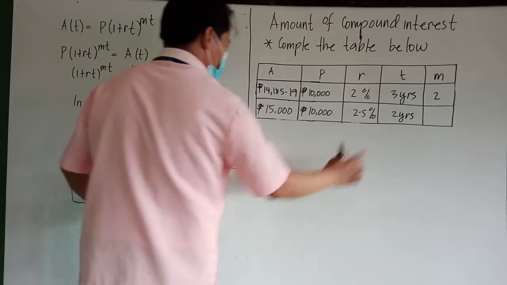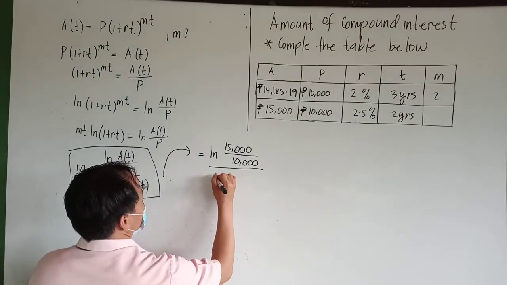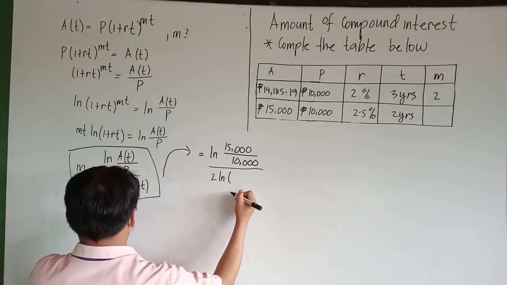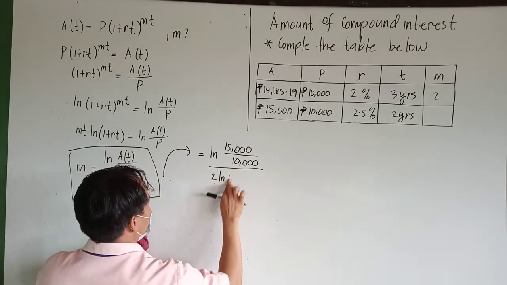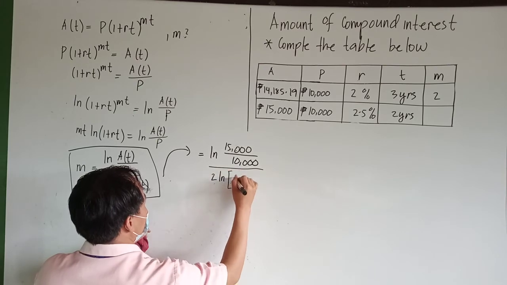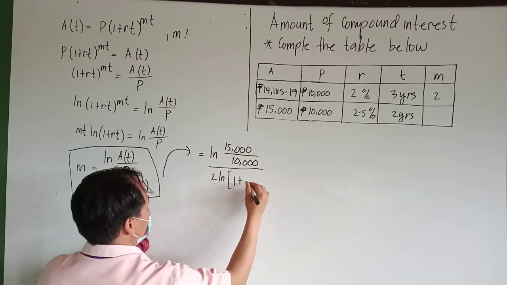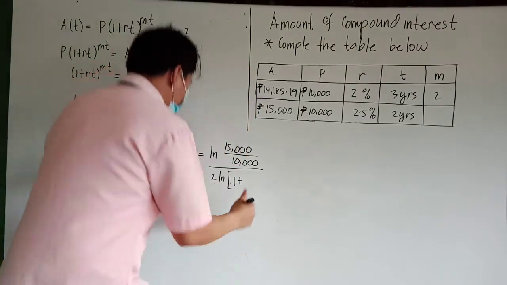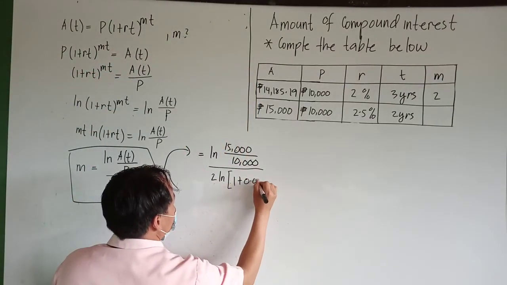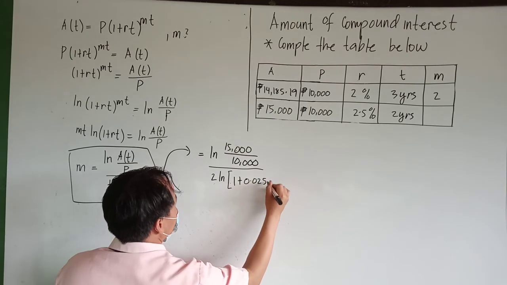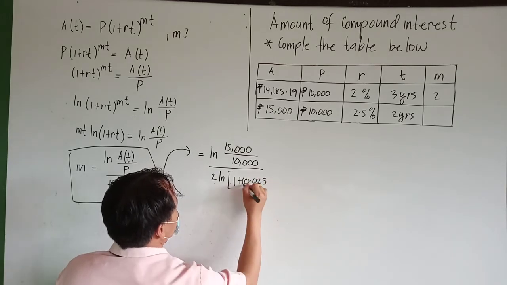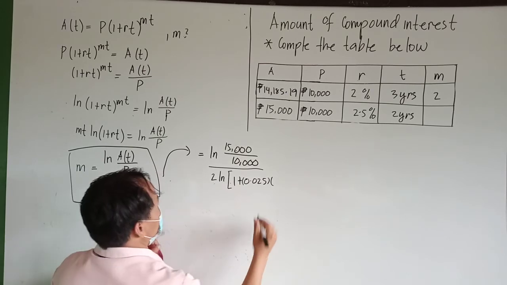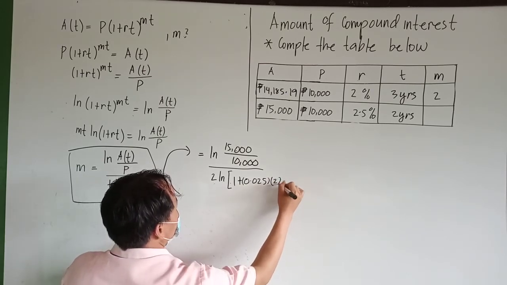We have here 2 years. So we have 2 years times ln of 1 plus, the rate is 2.5%. When we convert this one into decimal, that is actually equivalent to 0.025, okay, times time, because we have here time that is equivalent to 2. Okay?